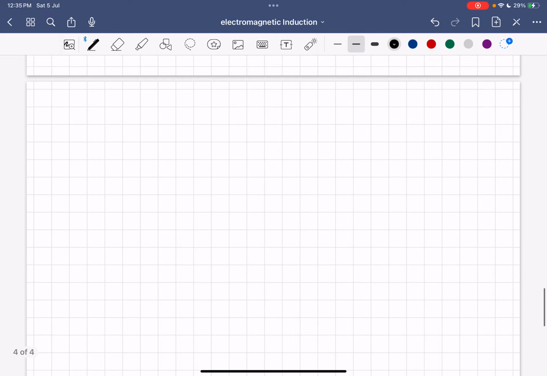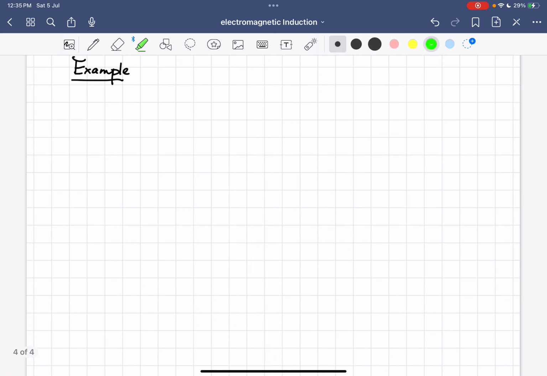So let's make an example before we end. For example, I have a region of magnetic field. So this is a region, and this region is filled with magnetic field.